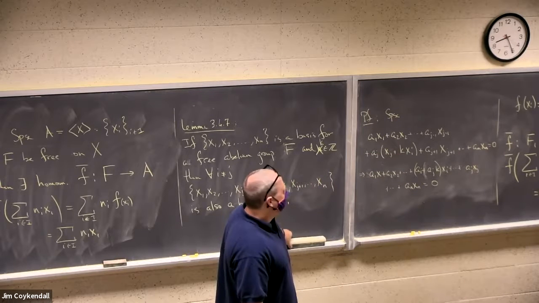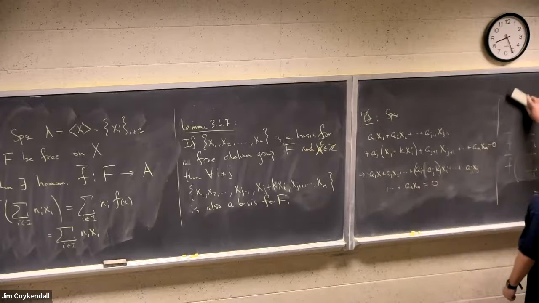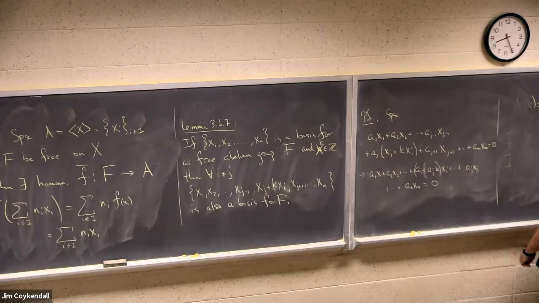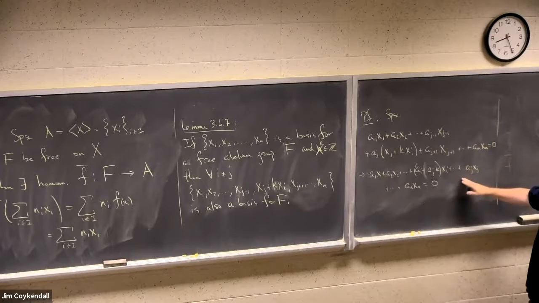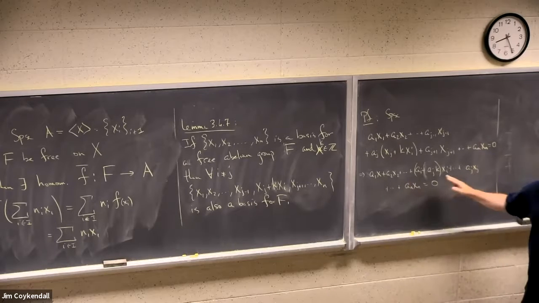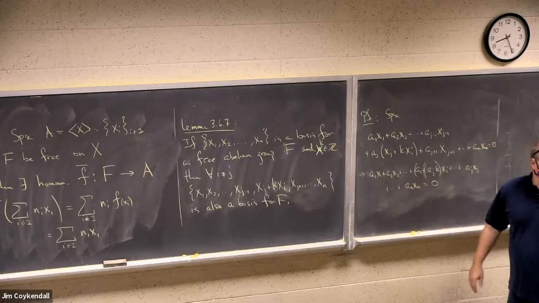Hopefully you all will forgive me, because it looks like I'm assuming that i is less than j, but it really doesn't matter where I put it. Now that I've written it this way, since the Xi's are linearly independent, every coefficient is 0, correct?